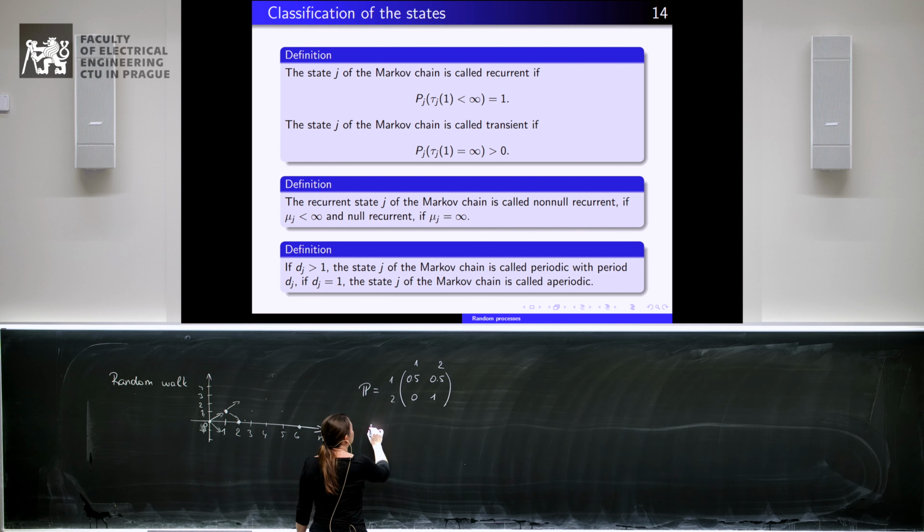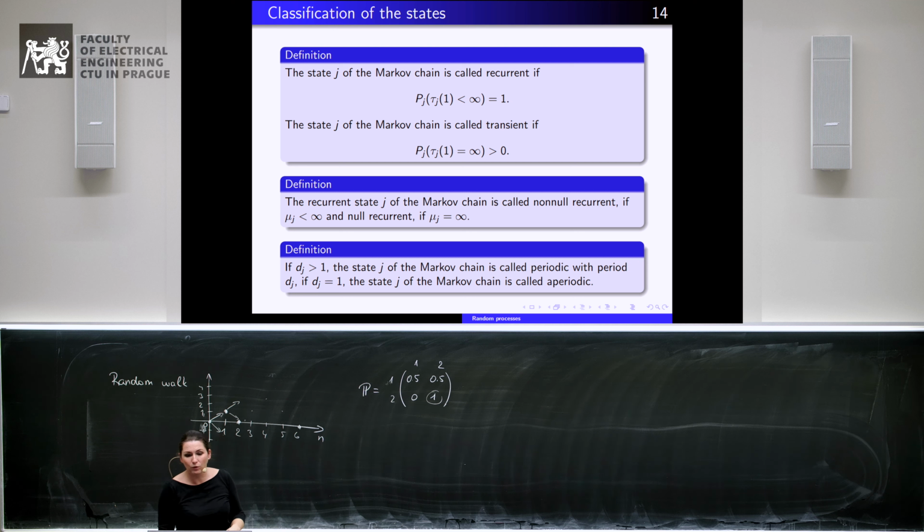It can happen that when we leave the state 1, we won't return to the state 1, because when we get from the state 1 to the state 2, we will stay in the state 2 forever. So there exists a probability that when we leave the first state, we won't return. And this is the case of the transient state.